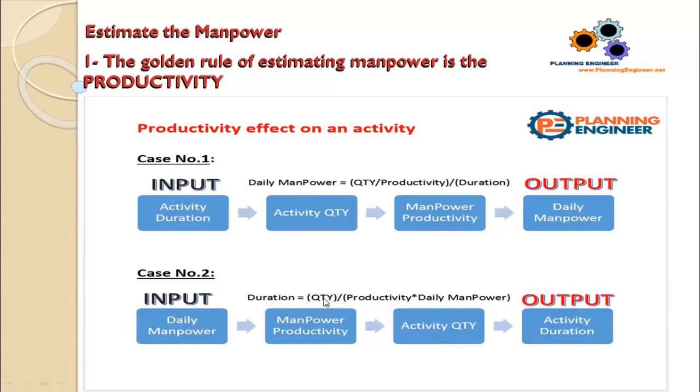The duration equals quantity, which is 200, let's say, divided by the productivity, which is 10, multiplied by daily manpower, which is 2. So 200 divided by 20 will give you the duration required to execute this activity.